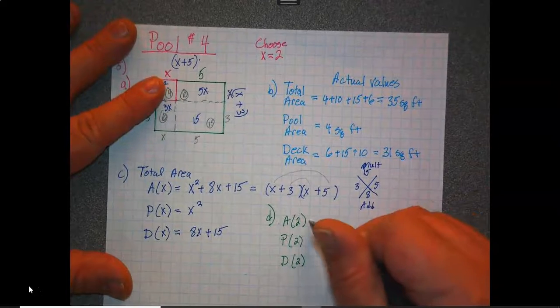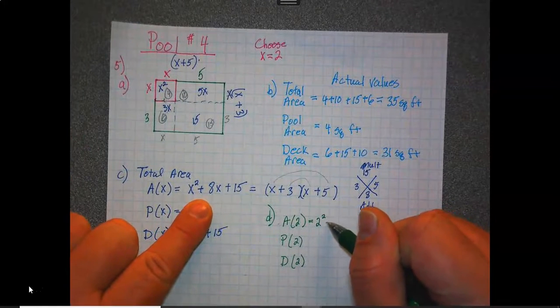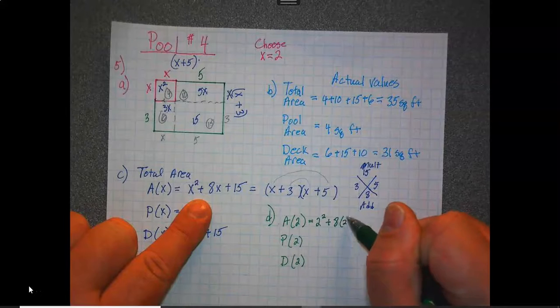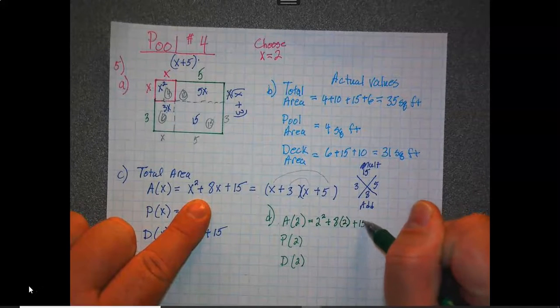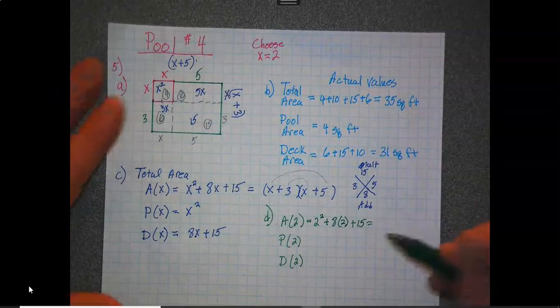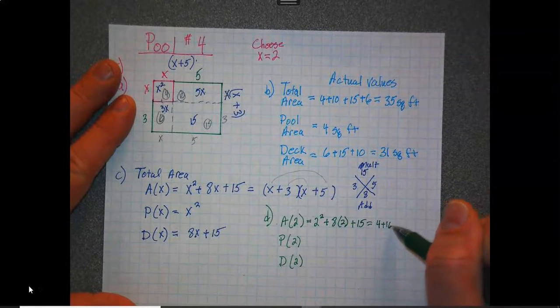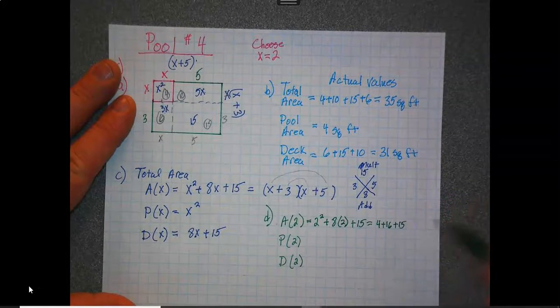Okay, so the a of 2 for me is 2 squared plus 8 times 2 plus 15. It really should match up with our numbers. Let's see, 4 plus 16 plus 15 gives me 35 square feet.